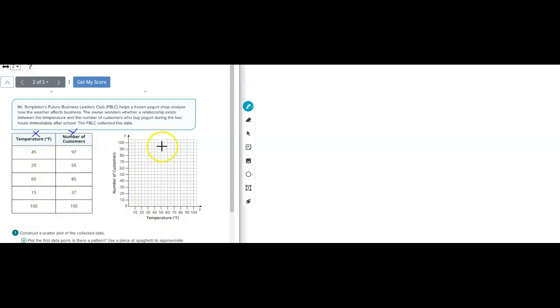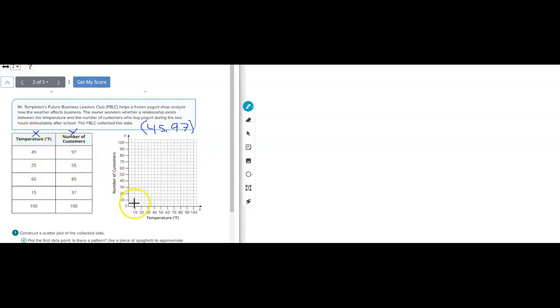So the first point that we're plotting would look like a coordinate pair. It would look like this, (45, 97), for example. And all of the points listed are going to look like this. You're going to have an x coordinate and a y coordinate, the x and the y.